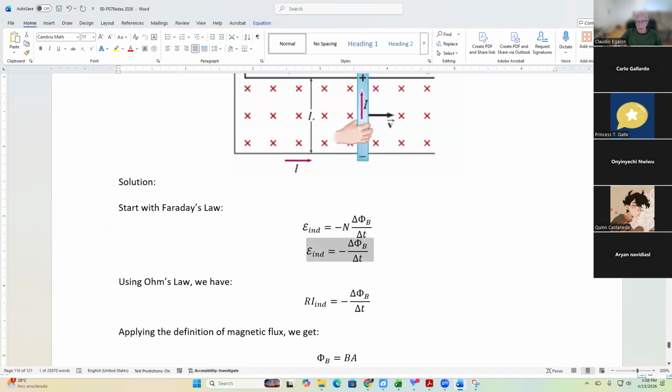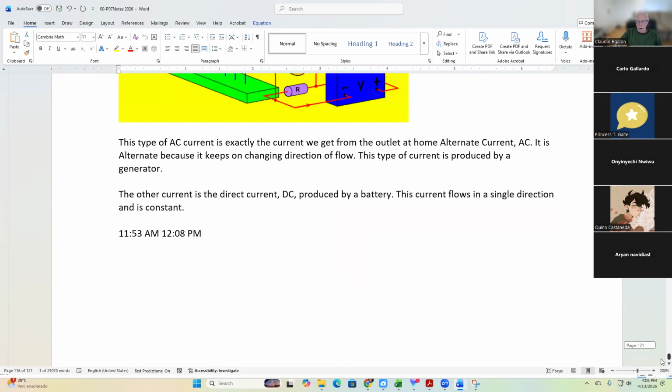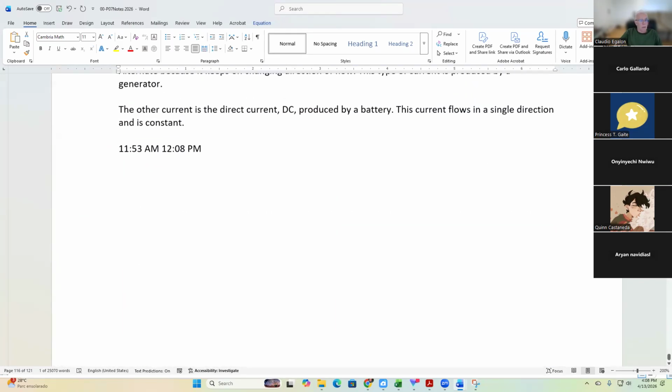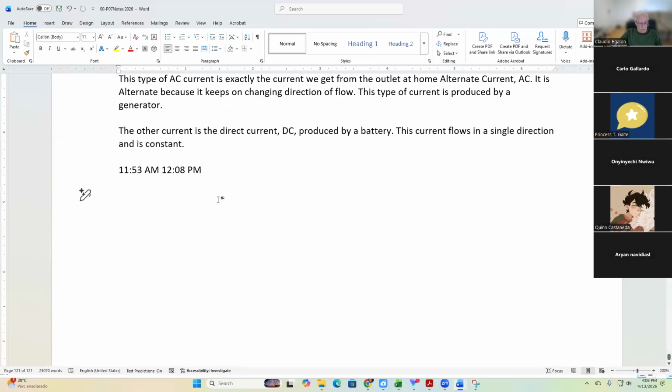Let's use just one coil for our generator. And the nice thing about those circuits is that if you want to increase the voltage, all you have to do is increase the number of coils, right? If you have 10 coils, you can come up with an induced voltage that's 10 times more, okay?